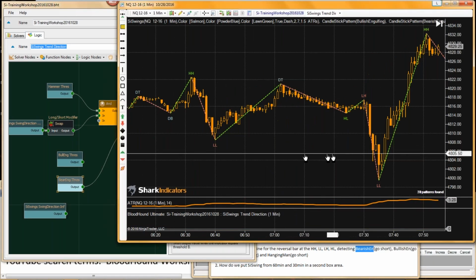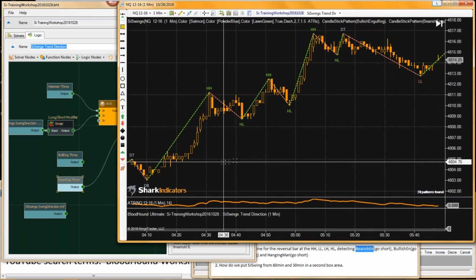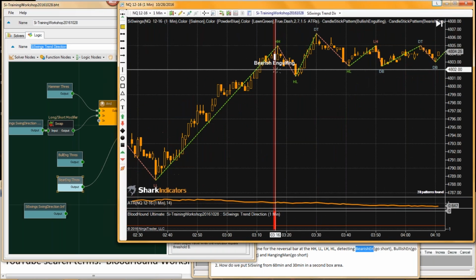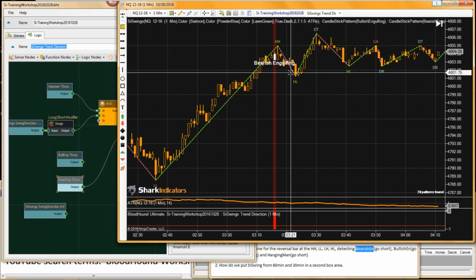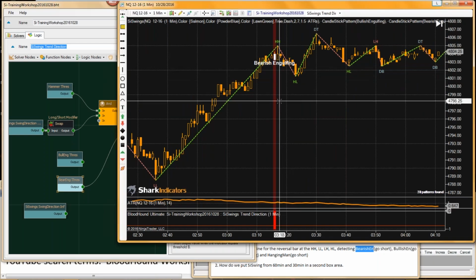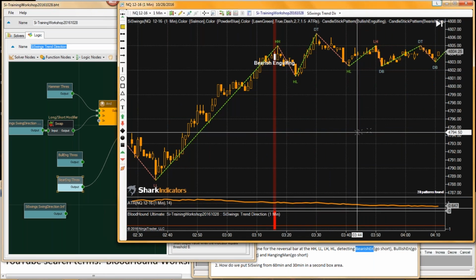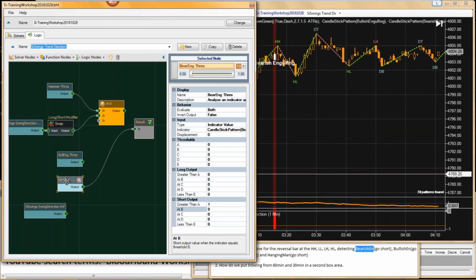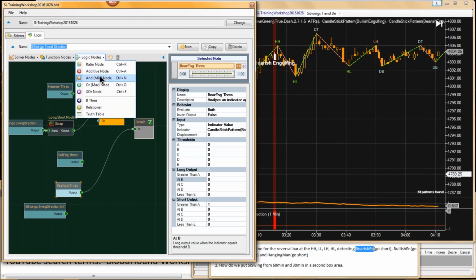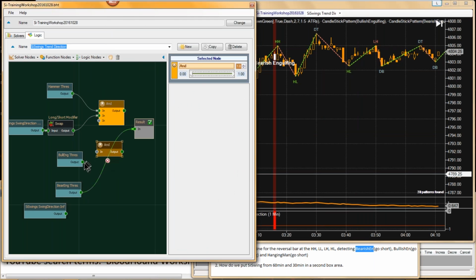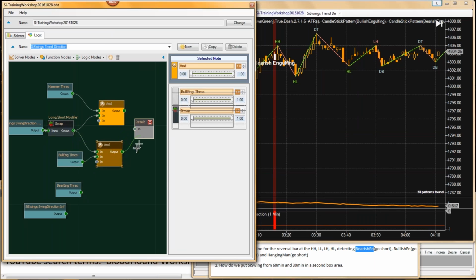So let's scroll through the chart a little bit. All right, there's another bearish engulfing. Okay, so now we got the right output from the solvers, which is a short output. And so next we shall combine these with the swing direction there.